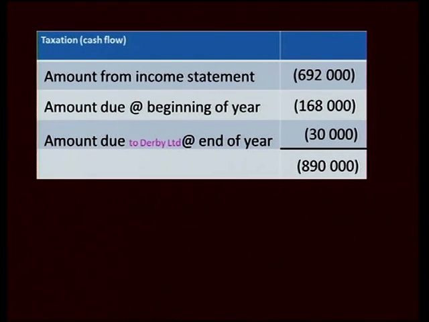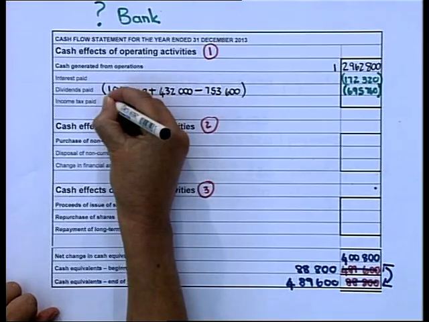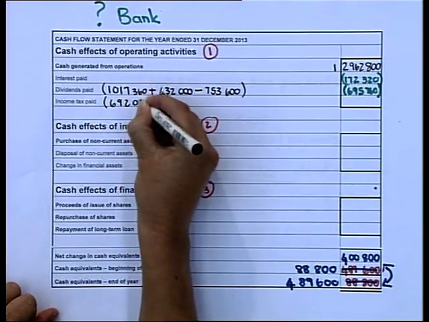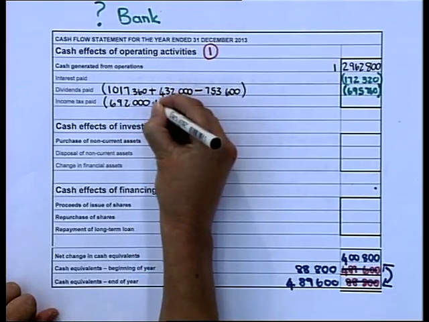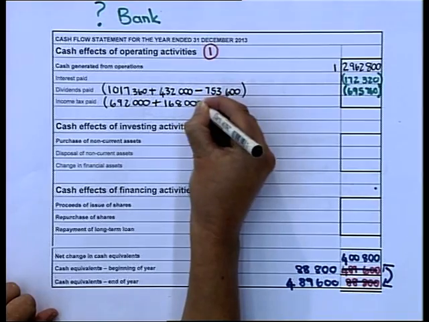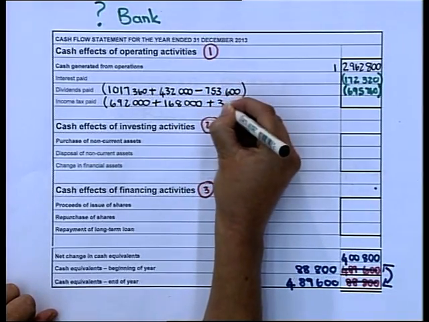You can either use the ledgers or you can draw a table. And a clever idea again to earn extra marks in the exams is to write down your workings there. So you said the tax amount was 692. You also had to pay an amount of 168,000, and you overpaid by 30,000.